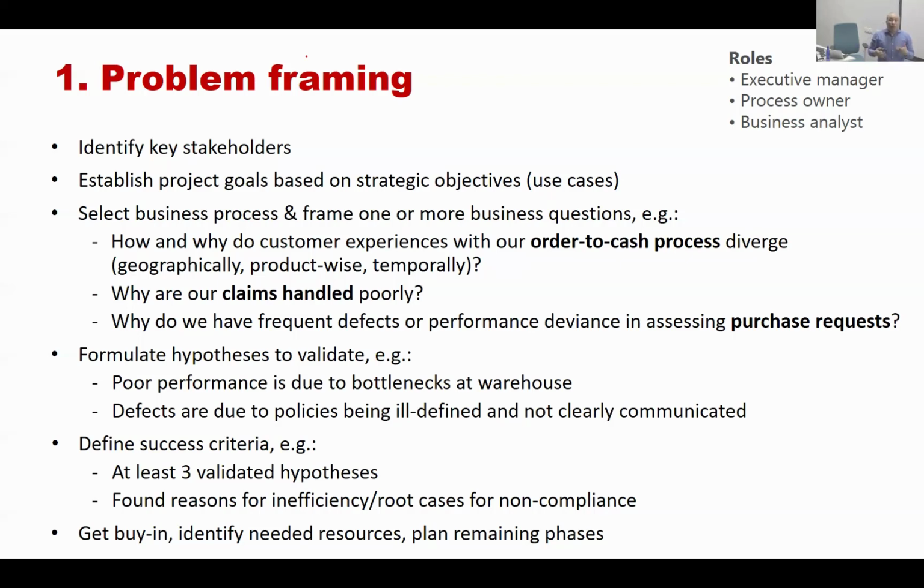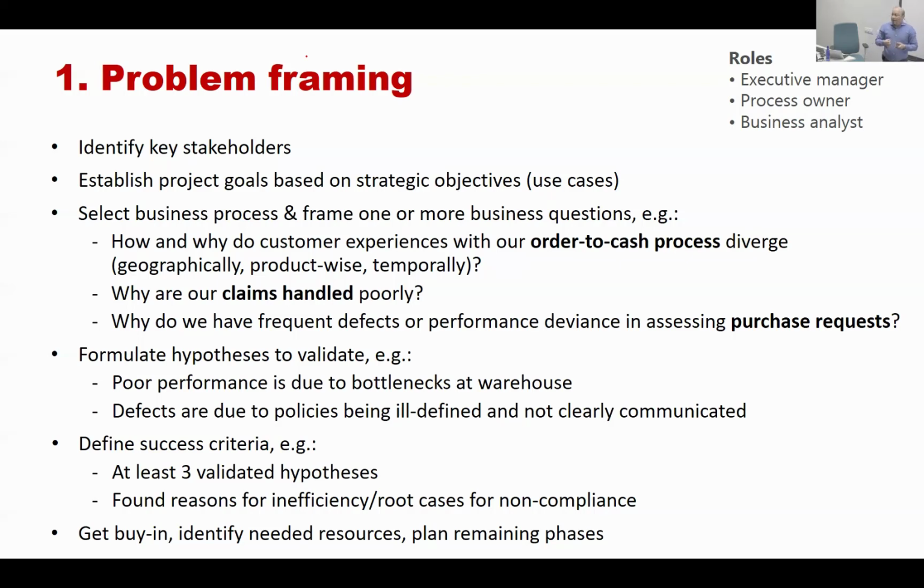So you might want to raise that hypothesis up front and brainstorm it with the people in the warehouse, because they might tell you, no, that's not true, or even if that were true, we cannot change the way things are arranged because it will affect this and this other process. So by formulating hypotheses, you might get some initial domain knowledge and directions from the business experts at this phase.